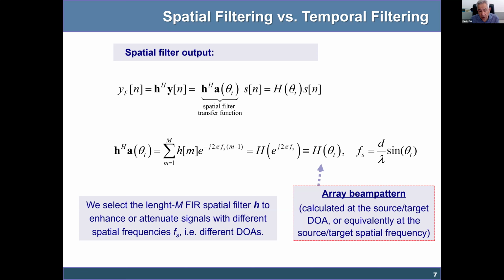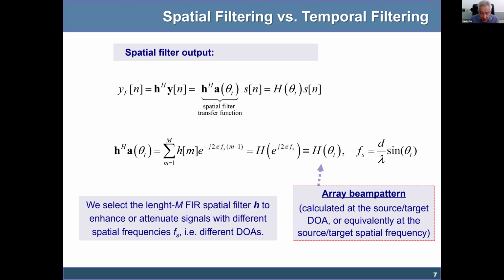Now it depends not on the frequency, but on the angle of arrival, the direction of arrival. So it's the equivalent of the frequency response, but now the value changes depending on the direction of arrival. So in other words, by using temporal filtering, we can discriminate signal from noise based on their content in the frequency domain.